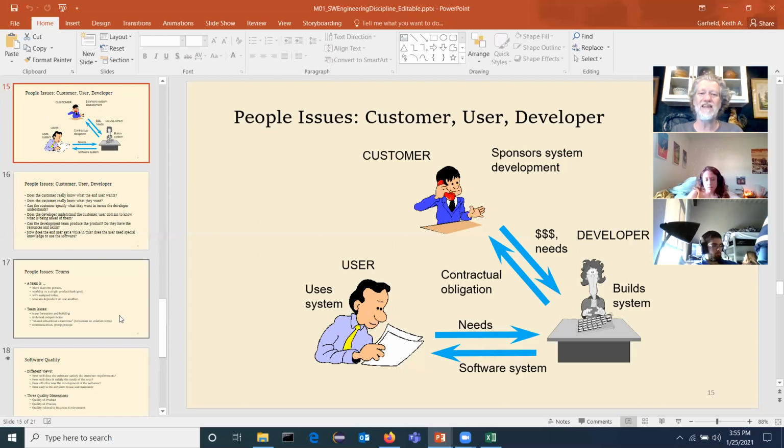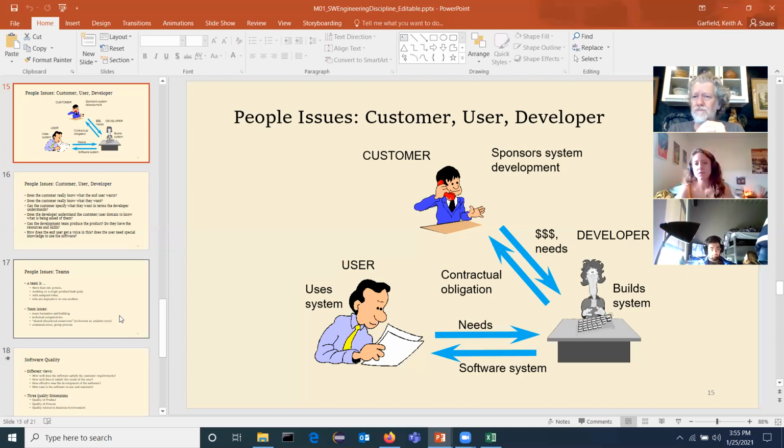Now, what if the customer is not the actual end user? For example, I've already complained about software at Embry-Riddle. Embry-Riddle just bought this software called Workday, and I'm one of the end users of Workday. I didn't get a voice in the selection, right? I think they talked to some faculty, but maybe not.